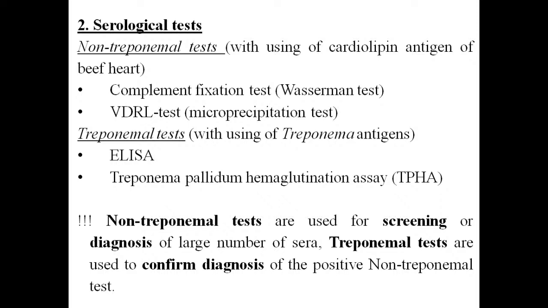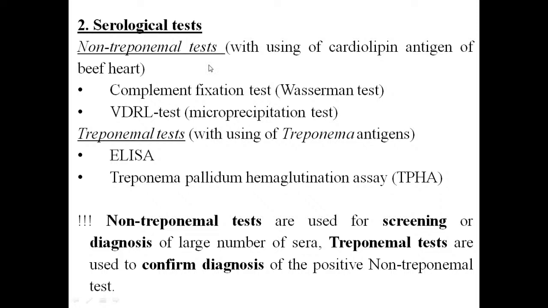Non-treponemal tests are used for screening or diagnosis of a large number of sera. When there are a lot of patients, all sera collected from patients are firstly diagnosed using non-treponemal tests, because it is cheaper.